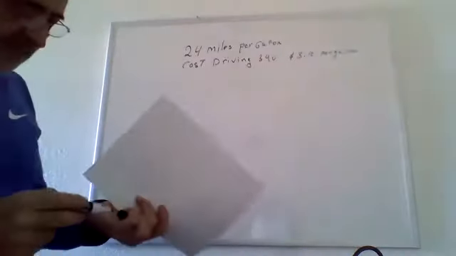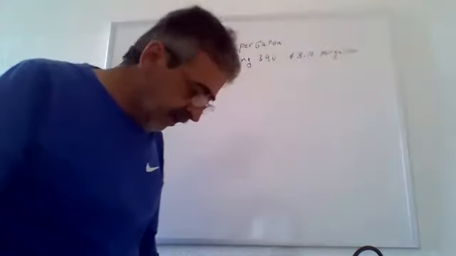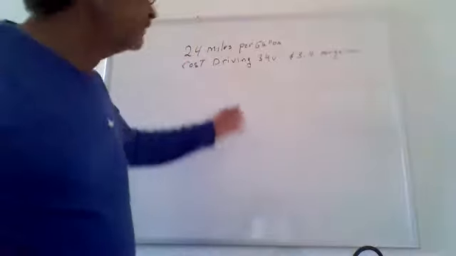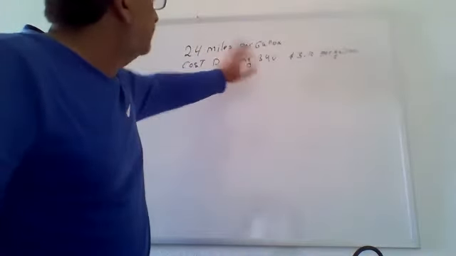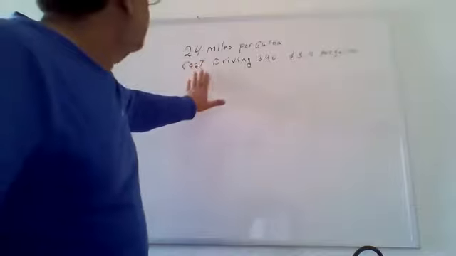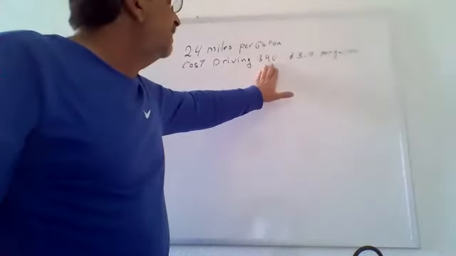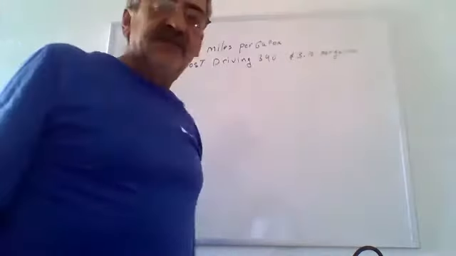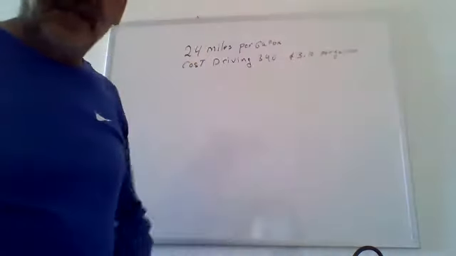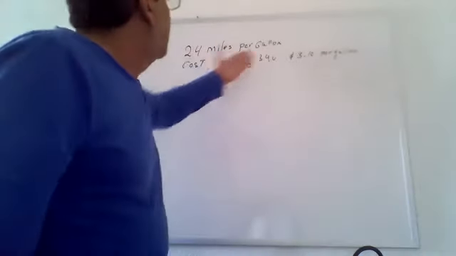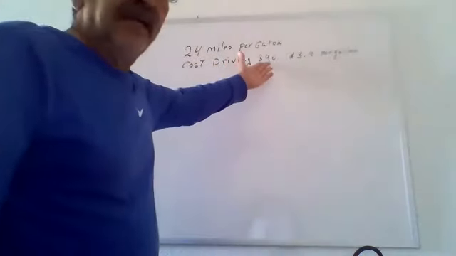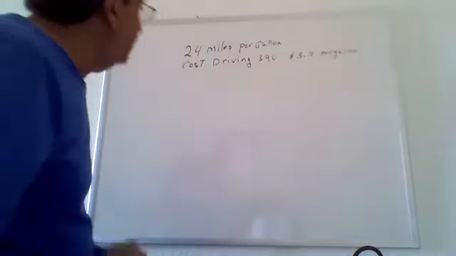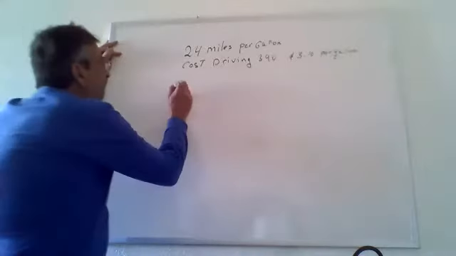So in this particular problem, your car does 24 miles per gallon. You're going to find the cost of driving 390 miles, if the cost is $3.10 per gallon. First thing we want to do is figure out how many gallons are required to drive 390 miles. So we start by writing down the number of gallons.